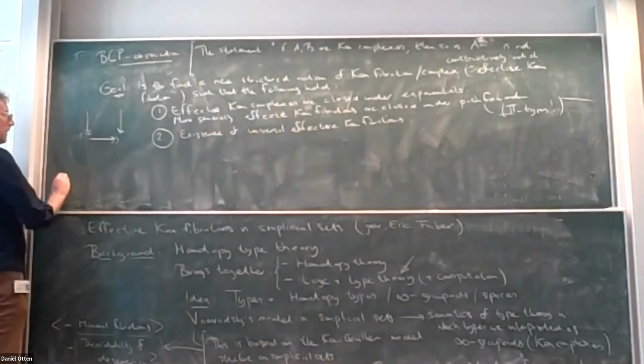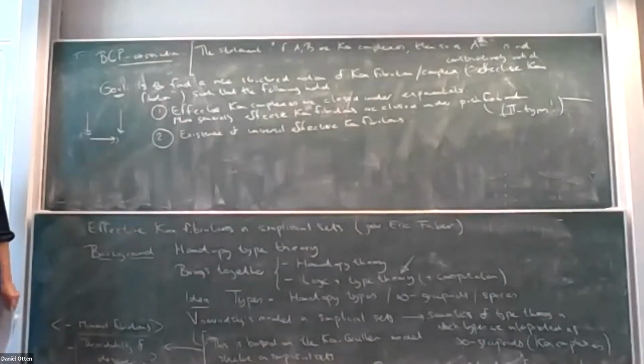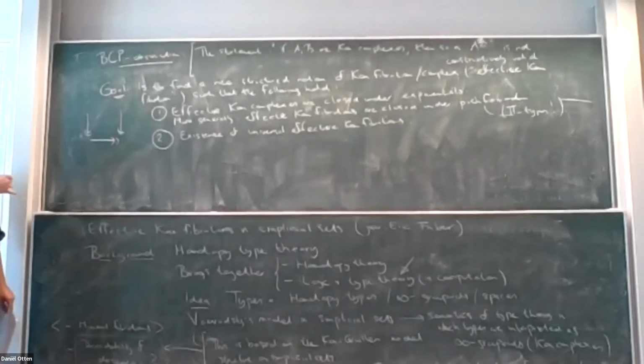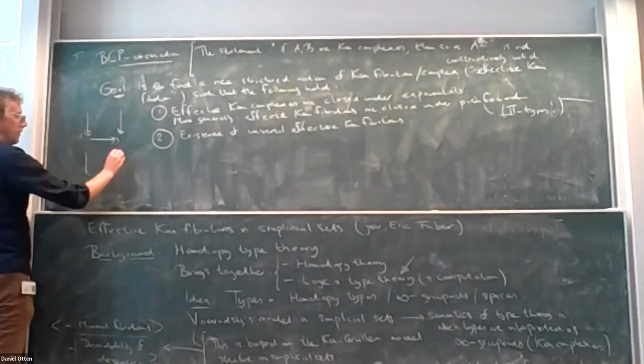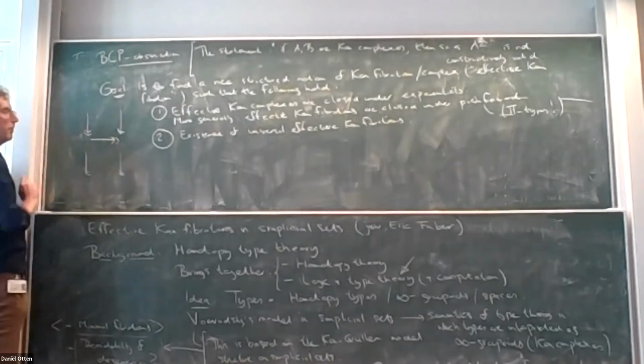Basically what I mean is that if we fix something like some regular cardinal, we can look at those configurations whose fibers are bounded in size by that regular cardinal. We can call those things small.